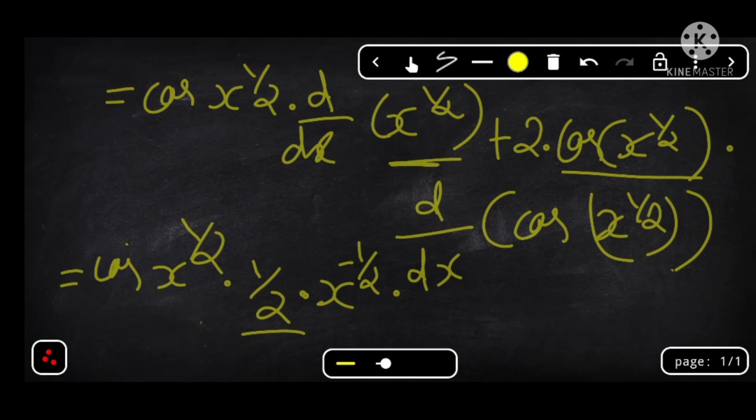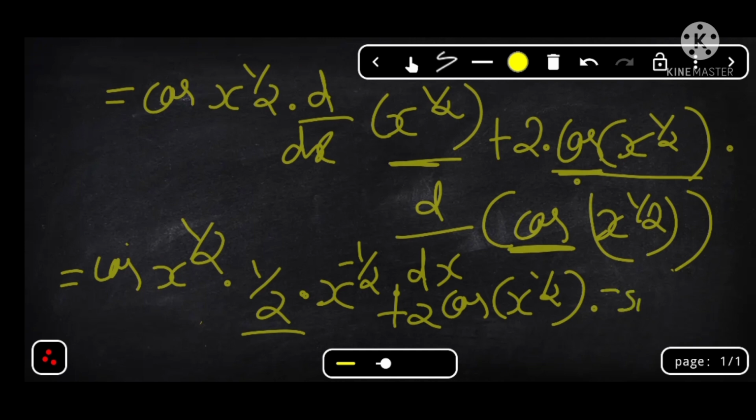Okay, so after that, now this is over, plus 2 cos x raised to 1 by 2 into, now d by dx of cos is minus, sorry, here d by dx of cos is minus sin x.